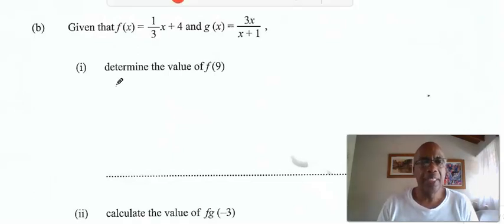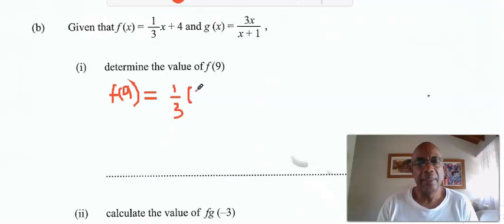So we write f of 9 equals, so instead of x we put 9, so we have 1/3 multiplied by 9, just put it in brackets, plus 4.